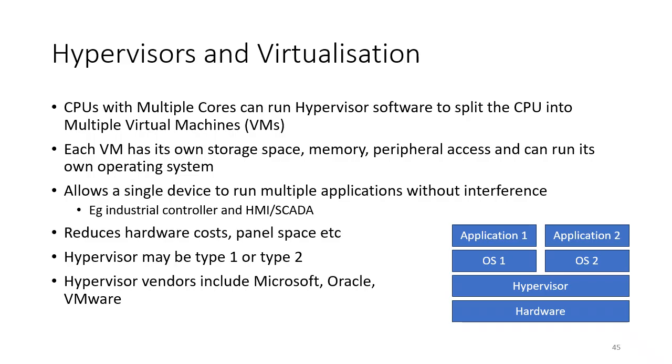Each virtual machine has its own storage space, its own allocated memory, its own allocated peripheral access, and by separating the systems in this way, it allows us to use a more powerful computer for multiple purposes instead of just one. And it also improves applications in terms of their performance, because we can allocate their own requirements according to what they need. And also it improves things like cybersecurity as well, because the individual computers can be separated from each other.